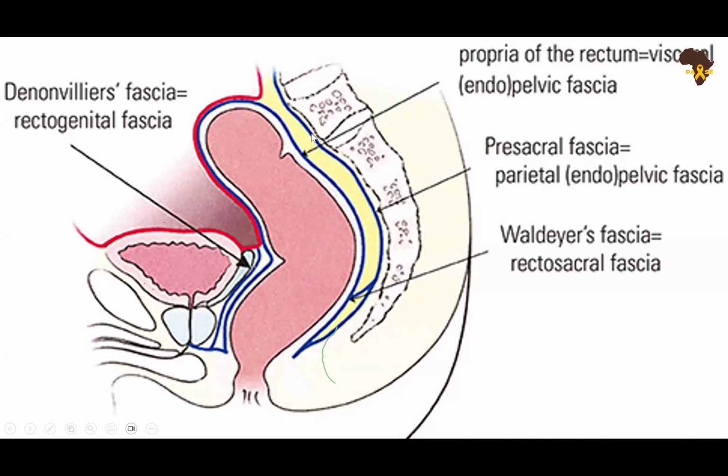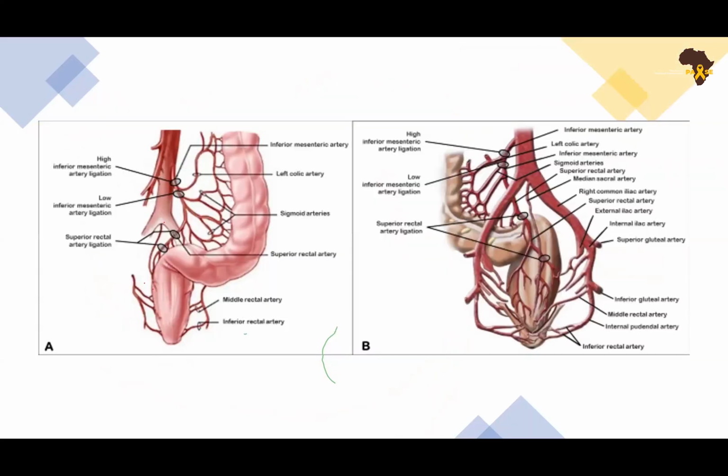And now in this fascia, this space here is called the Denonvilliers fascia in front here, and this is the presacral or the retrorectal space. So this is the area of importance when you are going to open up behind the uterus. For the blood vasculature, you need to know the blood supply.